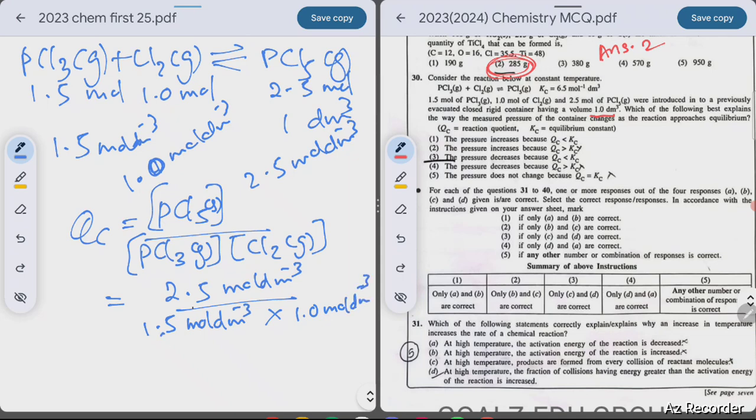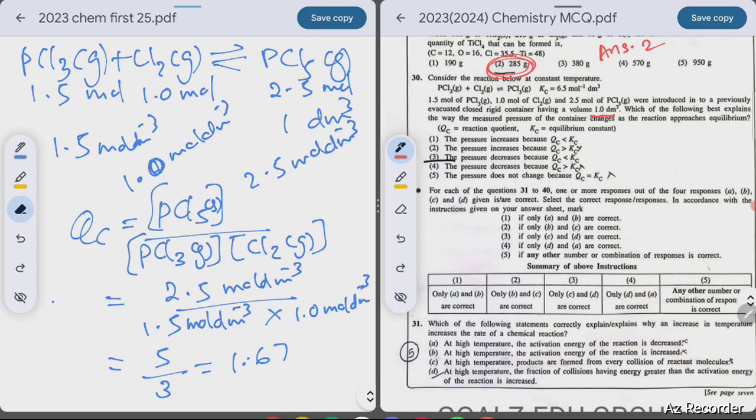Here 0.5 times 3, 0.5 times 5, which means 5 over 3. 5 over 3 means it is roughly 1.67 value.